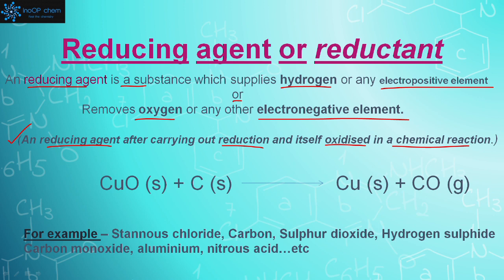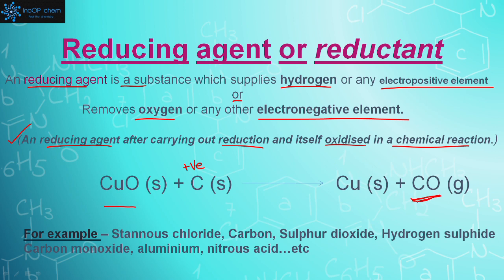In this reaction, carbon is an electropositive element. So when it reacts with copper oxide, it is itself reduced, because addition of electropositive element is known as reduction. And here the addition of oxygen takes place, which means oxidation.